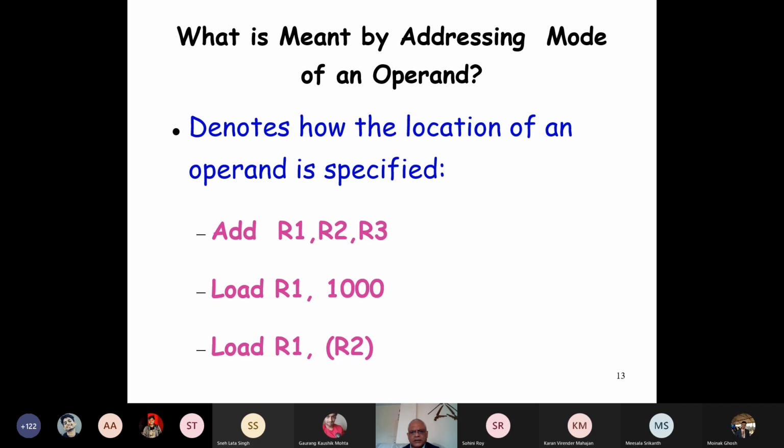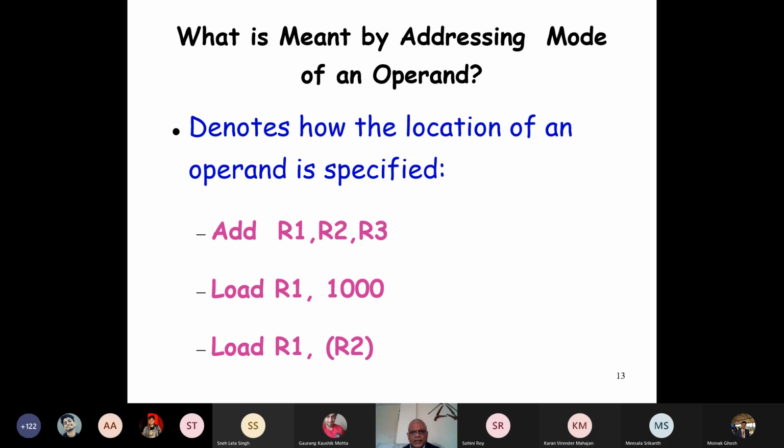Whatever is there in 1000, we store that in R1. Look at the third one: load R1 and, within brackets, R2. What it means is that the address of the memory location is in R2. So there is an indirection happening here: in R2 we are storing the memory address and using that address to fetch from memory. This is called memory indirect addressing.